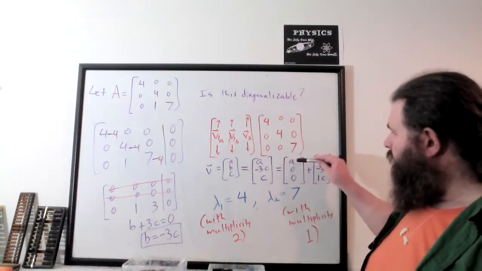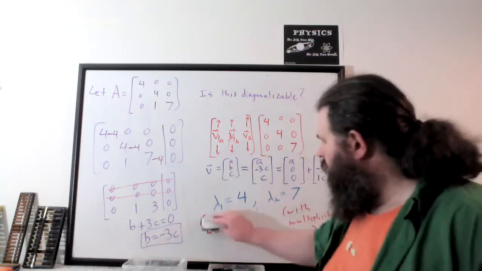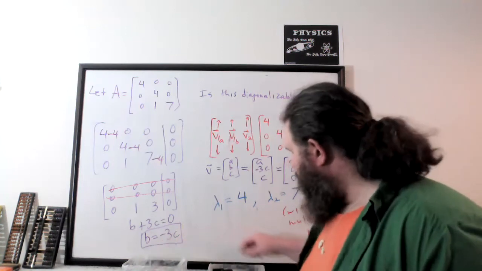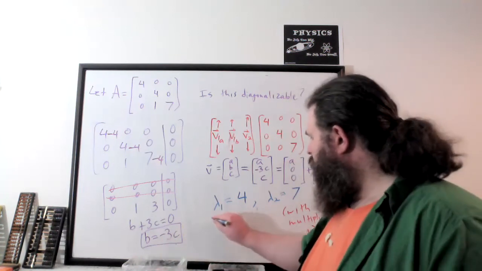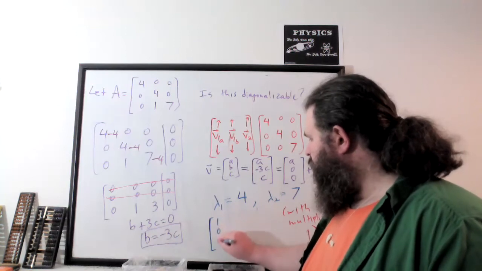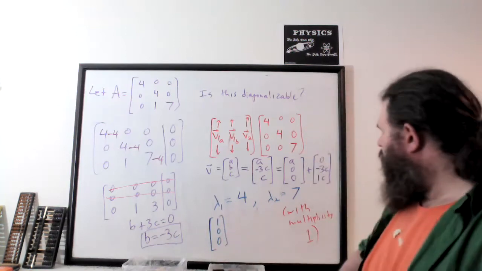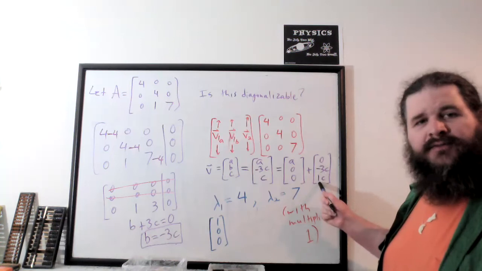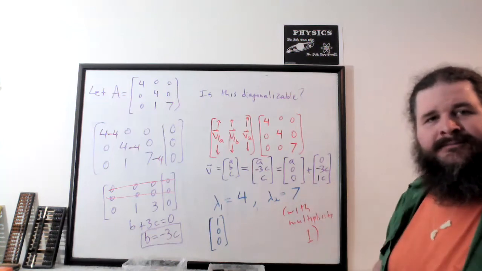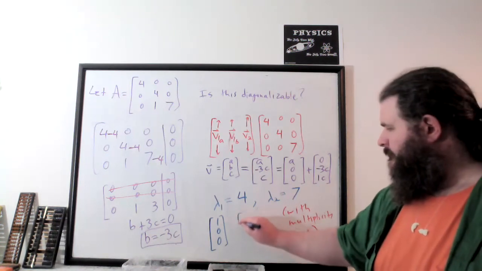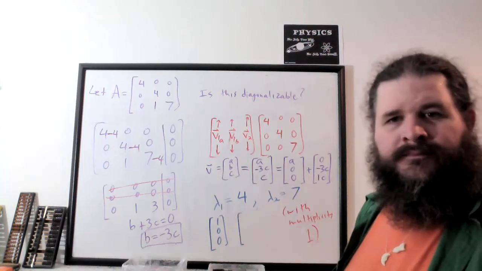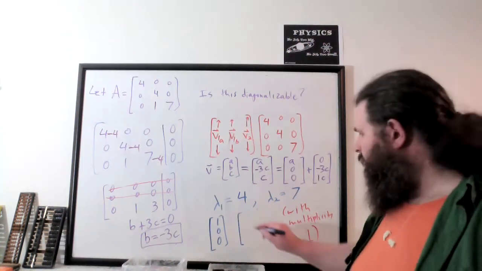So yes, that means 1, 0, 0 is an eigenvector. So if we write out eigenvectors here, 1, 0, 0 is an eigenvector. But also we can factor a C out of this one. And then what's left? Yeah, 0, -3, 1.